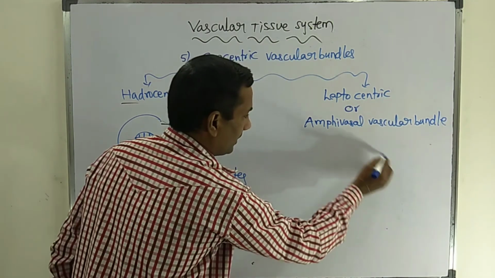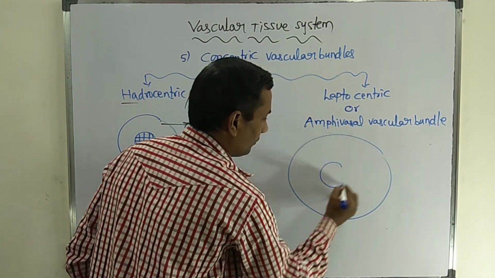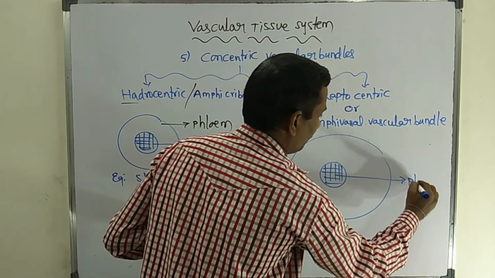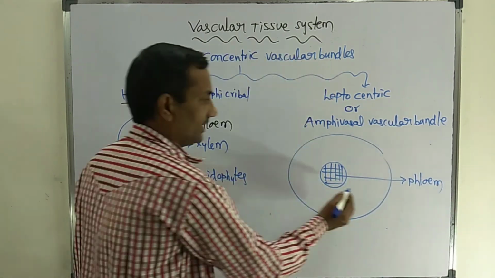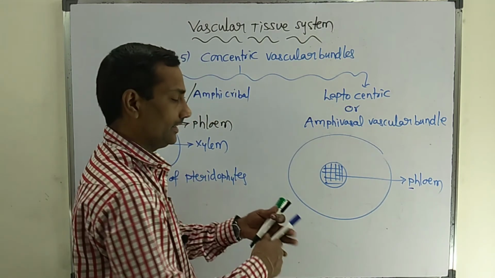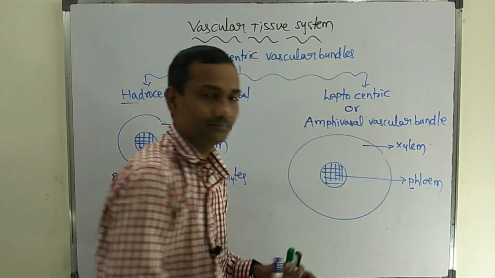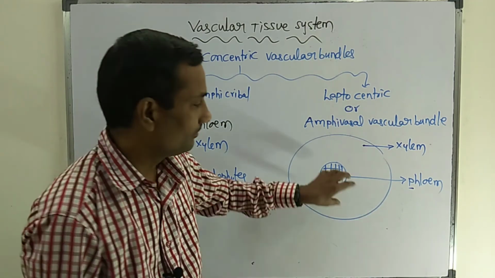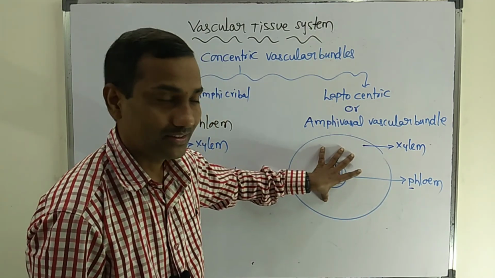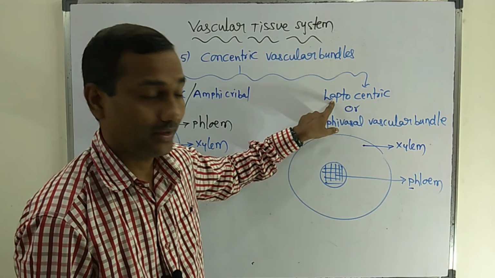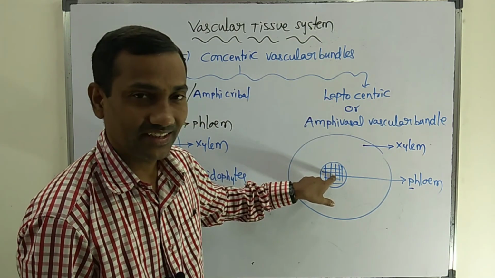In this type, if you observe the center region, what you can observe is phloem. This is called phloem. Phloem is located at center, and the phloem is surrounded by xylem. Leptocentric: lepto means phloem, phloem located at center.